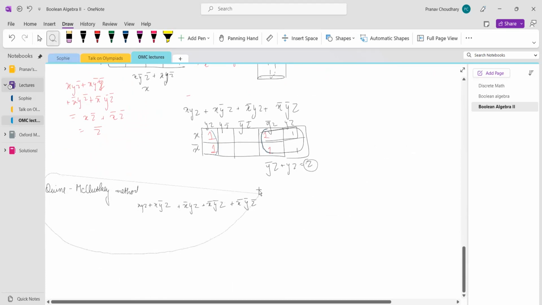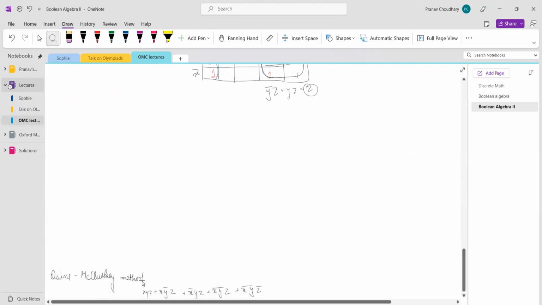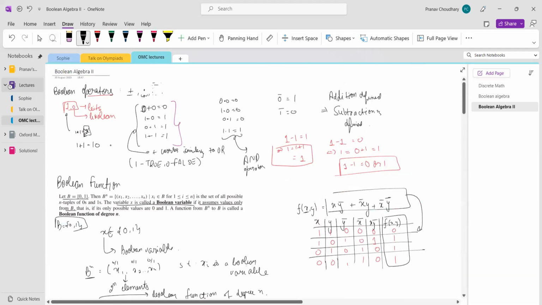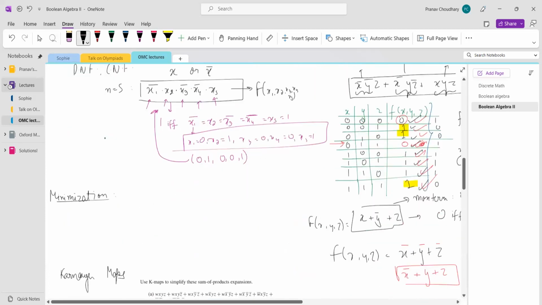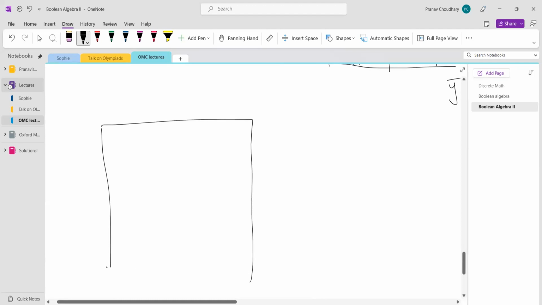Now we can extend this to 4 variables as well. And the idea for 4 variables is similar. Basically, you take a 4 cross 4 thing.